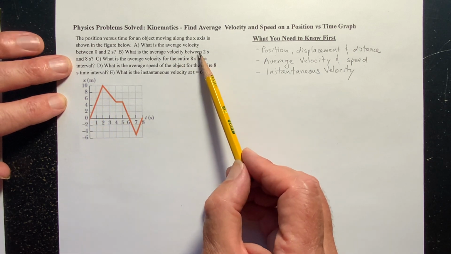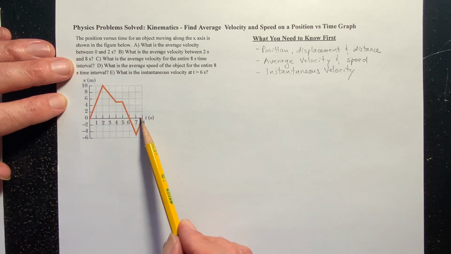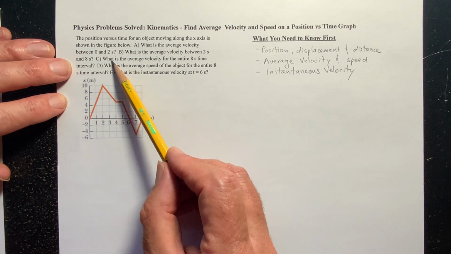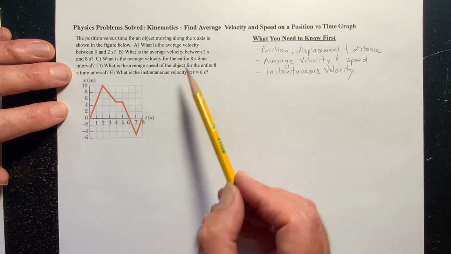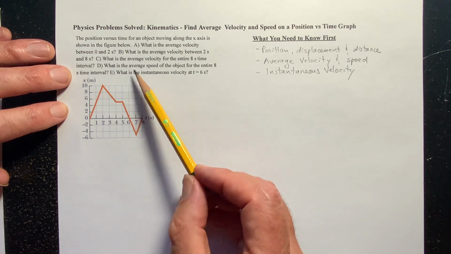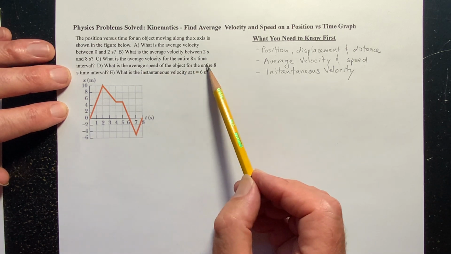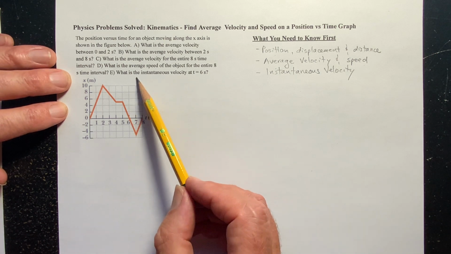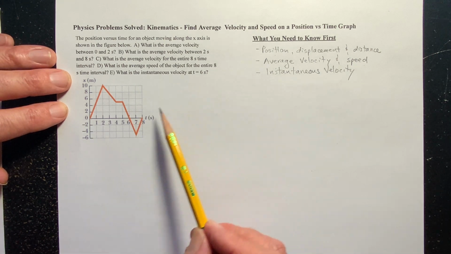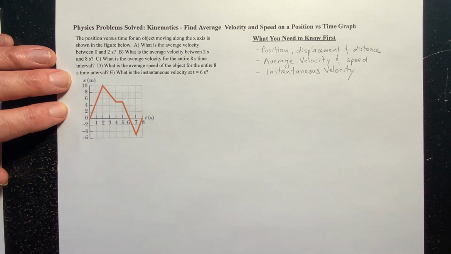What is the average velocity between 2 seconds and 8 seconds? What is the average velocity for the entire 8-second time interval? And D, what is the average speed of the object for the entire 8-second interval? And E, what is the instantaneous velocity at t equals 6, right there?